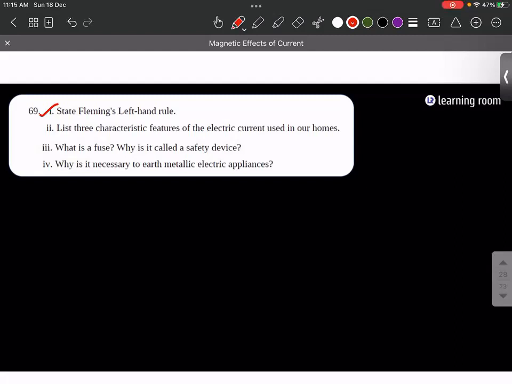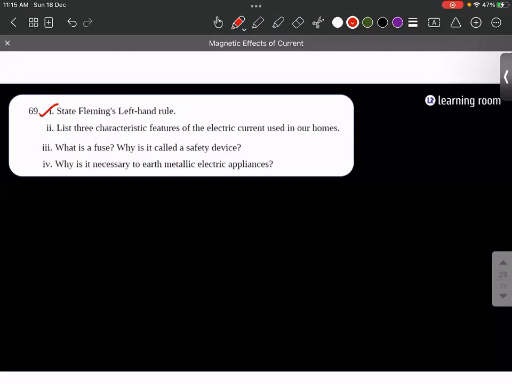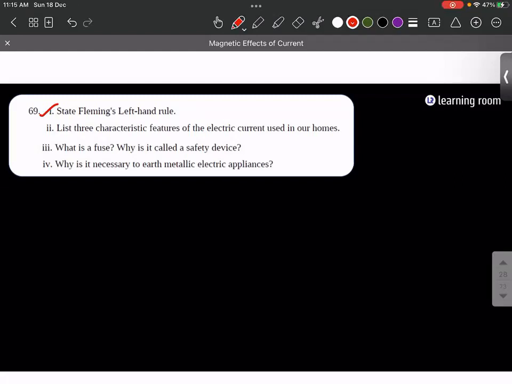Tell me fast. Extend the forefinger, central finger, and thumb mutually perpendicular to each other, so that the forefinger points in the direction of magnetic field, the central finger in the direction of current, and thumb gives you the direction of thrust, force.